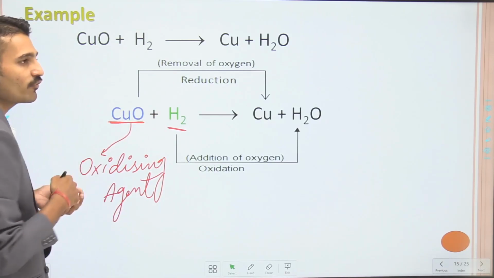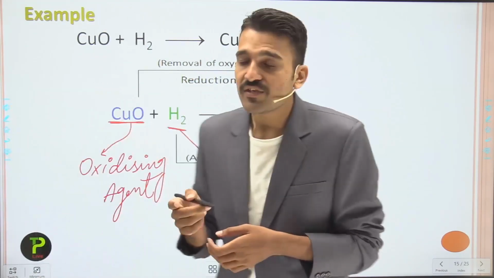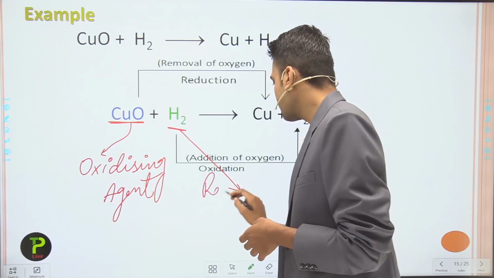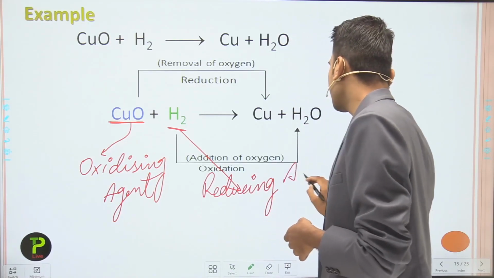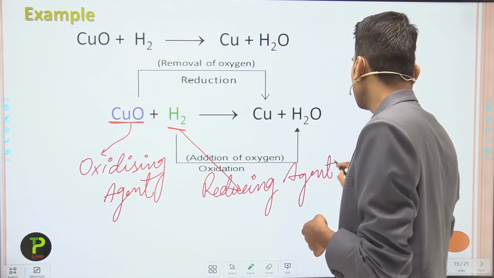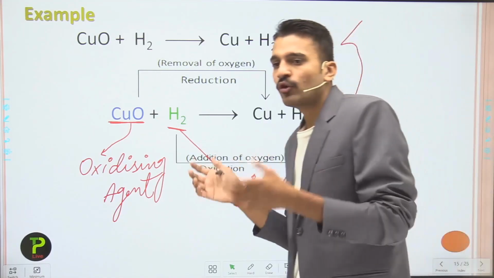So for the reduction of copper oxide, hydrogen is acting as what? Hydrogen is acting as the reducing agent.